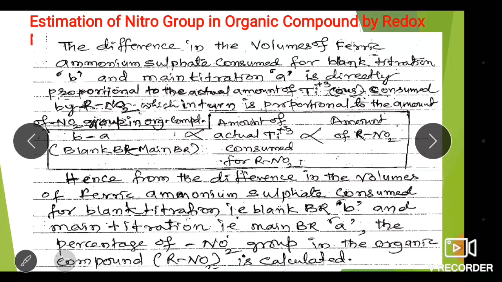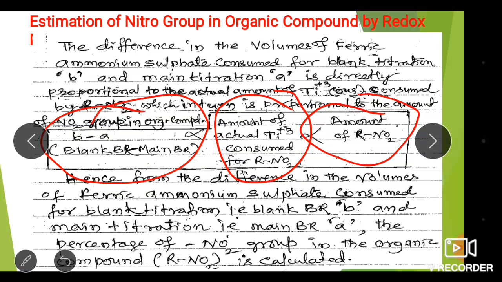The difference in the volume of ferric ammonium sulfate consumed for the blank titration and the main titration is directly proportional to the actual amount of titanium consumed by RNO2, which in turn is proportional to the NO2 group in the organic compound. So B minus A, blank minus main burette reading, is directly proportional to the amount of actual Ti+3 consumed for the RNO2 group, and which is directly proportional to the amount of RNO2 group present in a given organic compound.